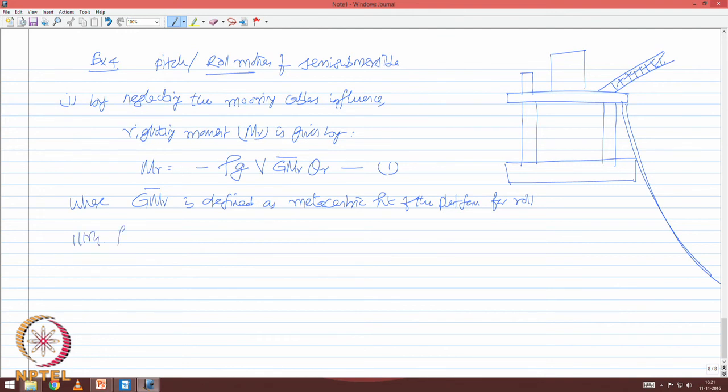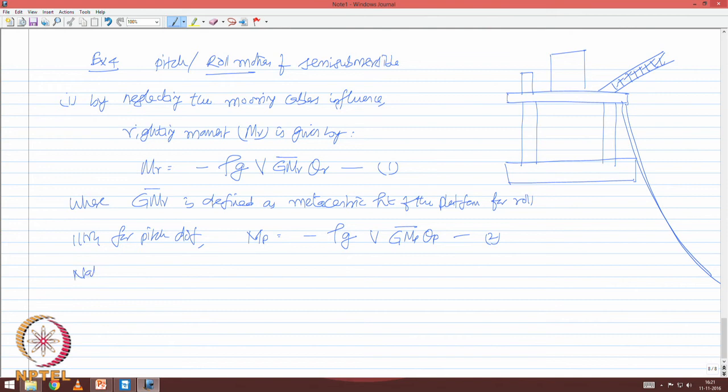Similarly, for the pitch degree of freedom, M_P, the righting moment will be minus ρ g V GM_P θ_p.